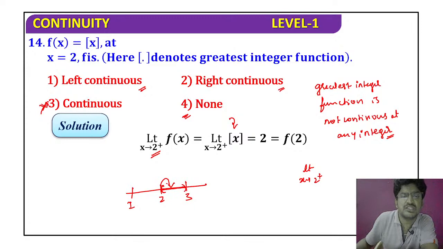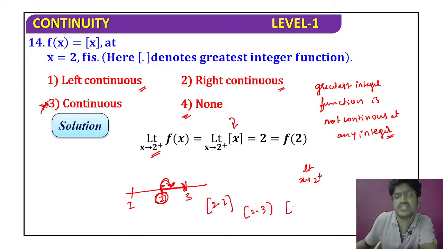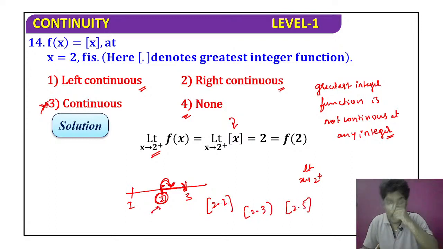The greatest integer of a number in between 2 and 3 is what? 2. So greatest integer of 2.1, 2.3, 2.5, all are going to be equal to 2. That we know. Therefore, RHL becomes 2.